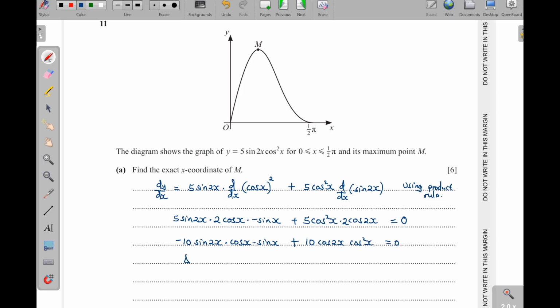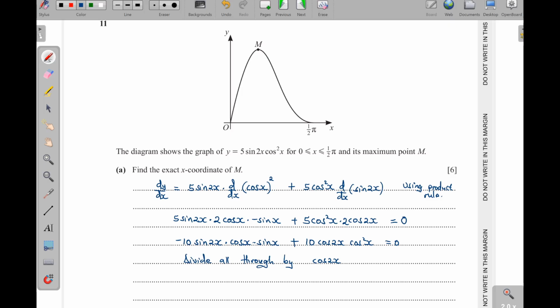So I can turn these ones into tans, okay? Divide all through by, what can I do to make this one a tan? That will be cos 2x, not so?